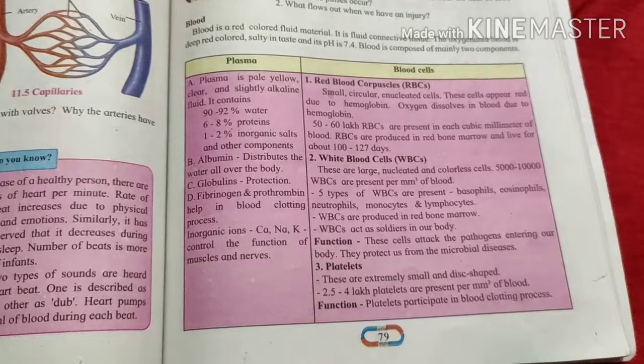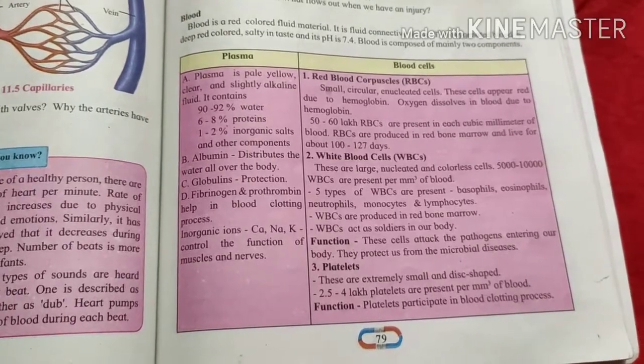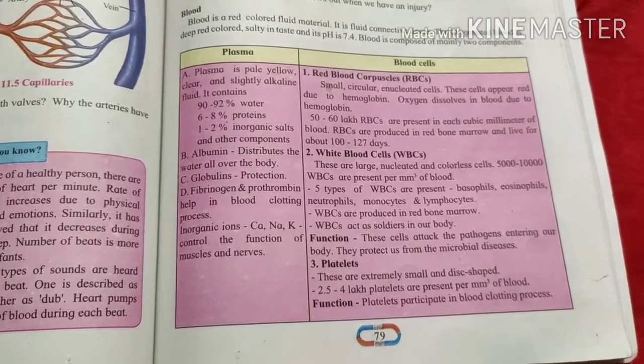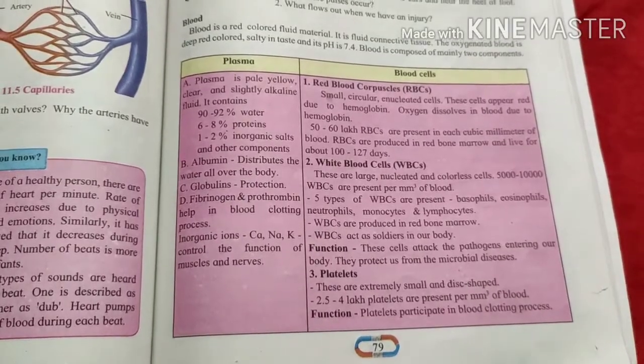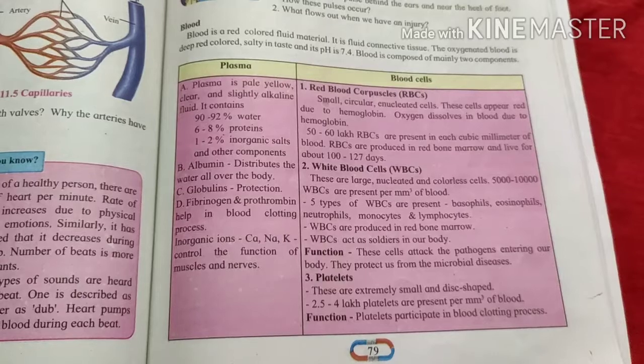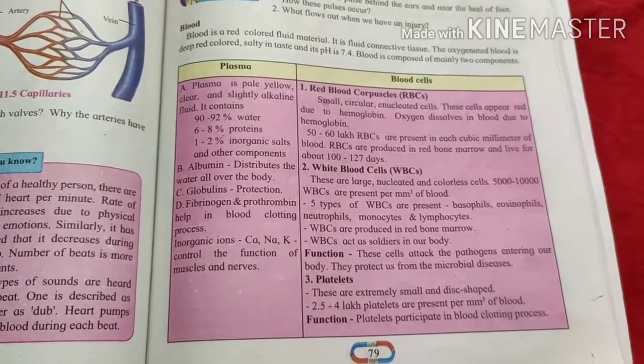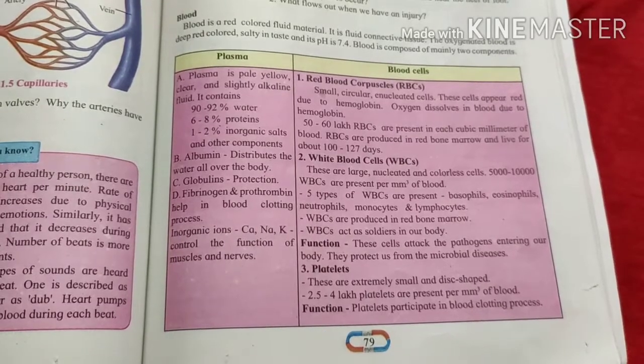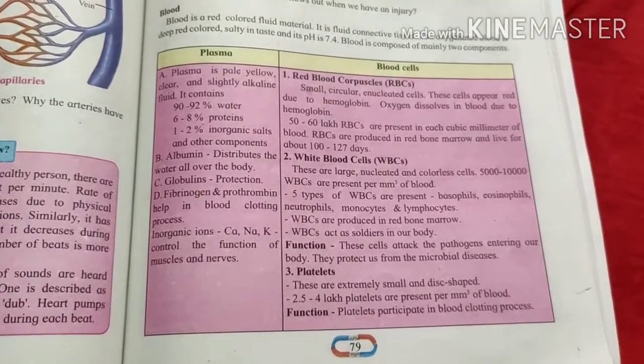The life of these RBCs is about 100 to 127 days. After this they degenerate and again new RBCs are formed in your red bone marrow.